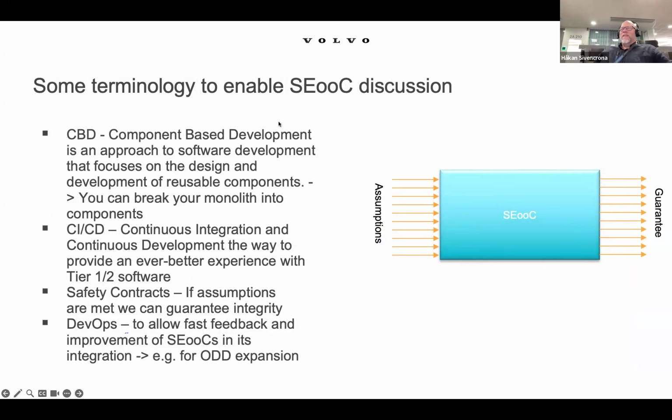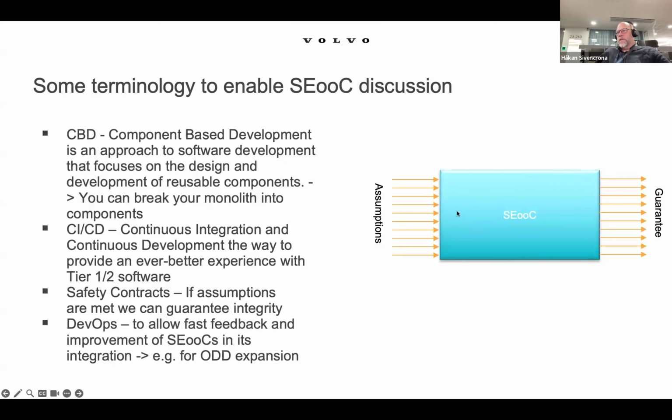Oh, sorry. Some terminology then to enable this safety element out of context discussion. So we need this component-based development. It's really that we would like to reuse it, and it's to enable that you break your big monolith into components. So you have a lot of assumptions. And if these assumptions are fulfilled, it means that I can guarantee something.